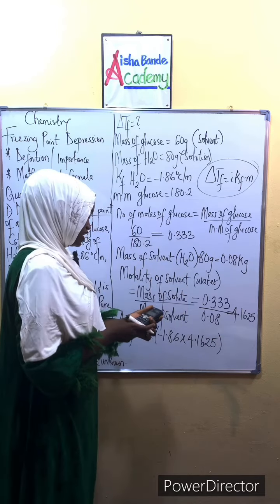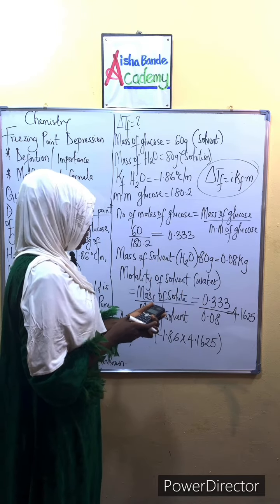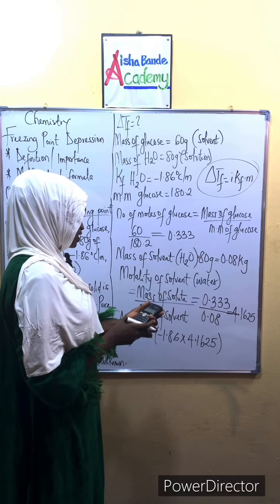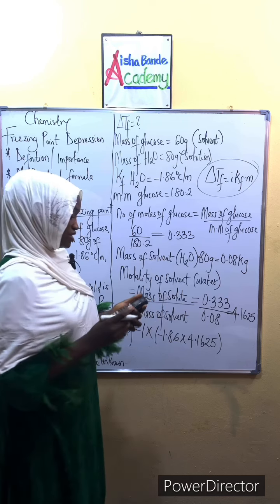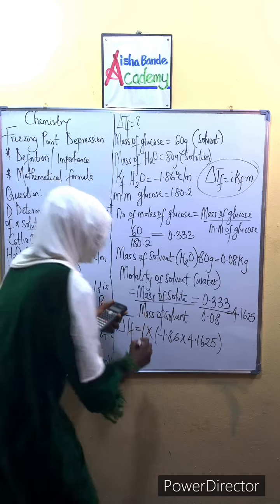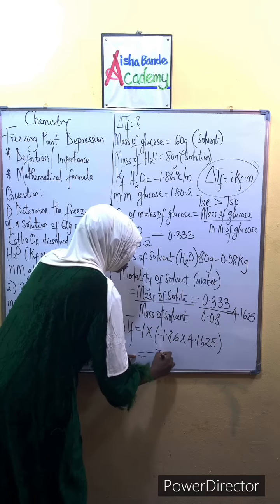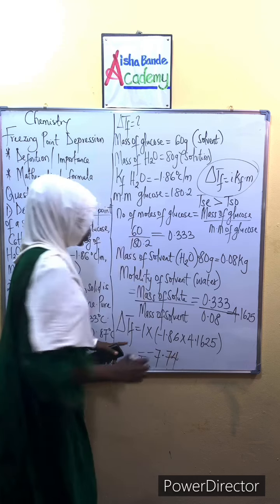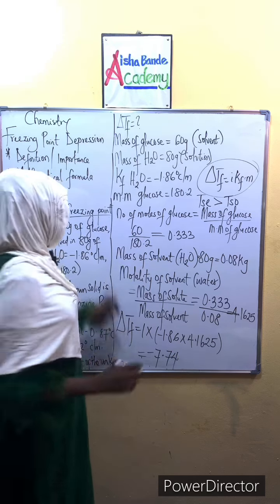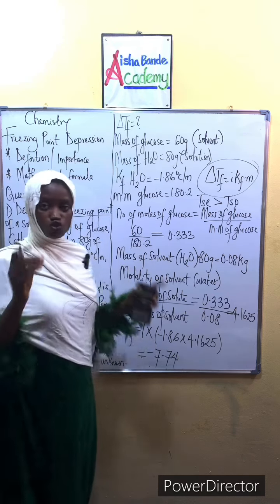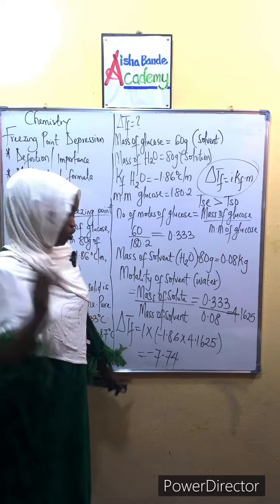So all we need to do here is punch our calculator. 1 times 1.86 times 4.1625 gives us a value of minus 7.74. So this is the temperature, that is the freezing point of the solution.